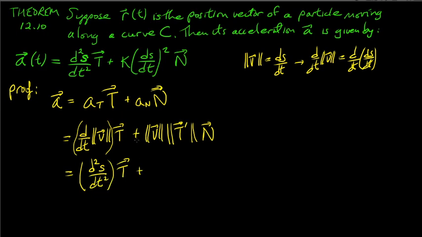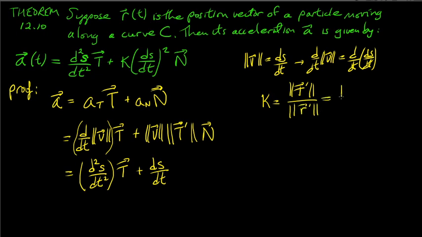So the magnitude of v, of course, is just the derivative of s. And the magnitude of T prime, so remember what T prime is. Well, we had this formula for curvature. Remember, the curvature was the magnitude of T prime divided by the magnitude of r prime, again with respect to t now.